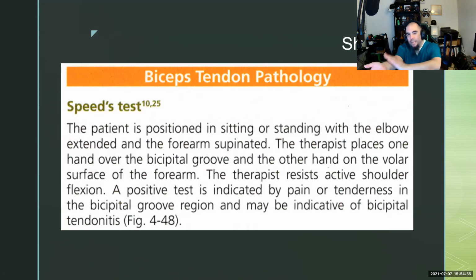If I complain about pain up here in the bicipital groove, that means I typically have bicipital tenosynovitis or tendinitis. So what I'm doing is a resisted shoulder flexion activity with the arm in supination to isolate more of the bicep part of the shoulder flexion, and we're seeing if that tendon pops up and out of the groove.